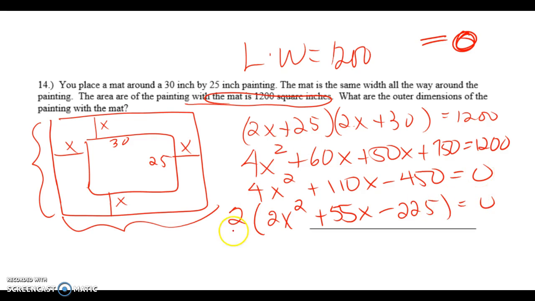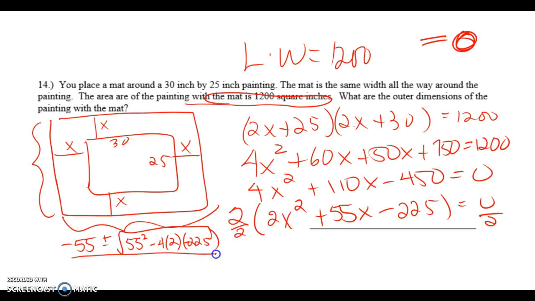We need to use negative b plus or minus the square root of b squared minus 4 times a times c. Well, whoops, that's a negative 225. So underneath, this is all over 2a, which is 4. Notice, I have a negative minus 4 times 2 times negative 225. That'll be an add.